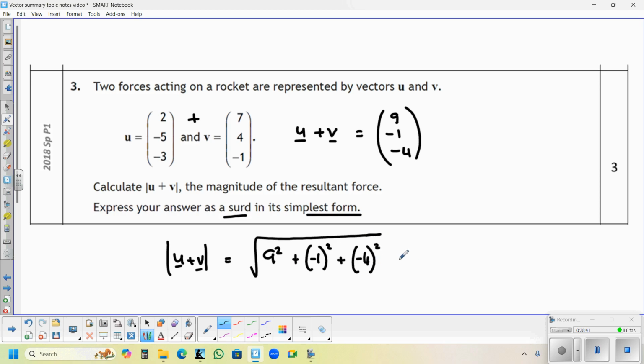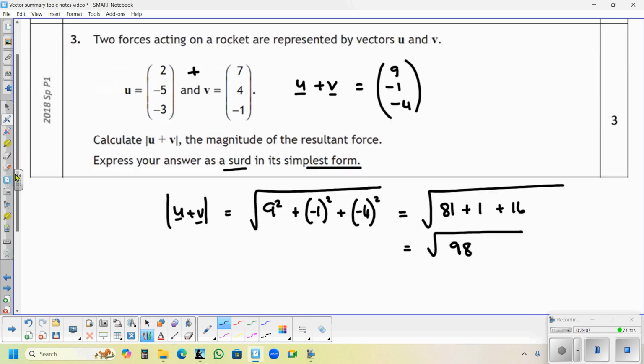When you square, negative numbers will become positive, so you don't really need to worry about that, but you must put them in brackets like that. So 9 9s are 81, minus 1 squared is 1, minus 4 squared is 16. I'm going to add all of them together, so that would give me 82, that would give me 98. That one we've come across before as well.